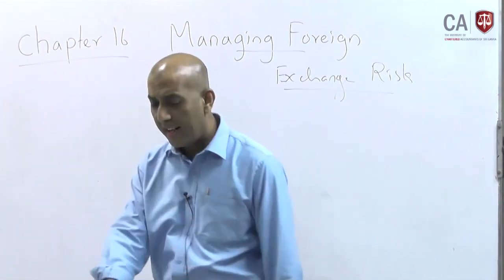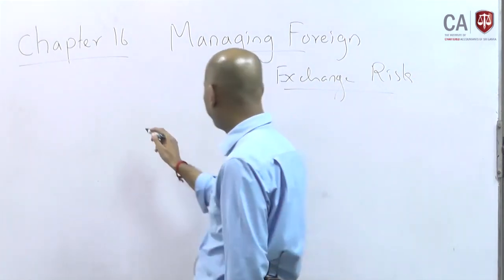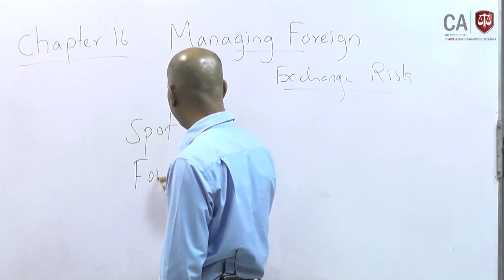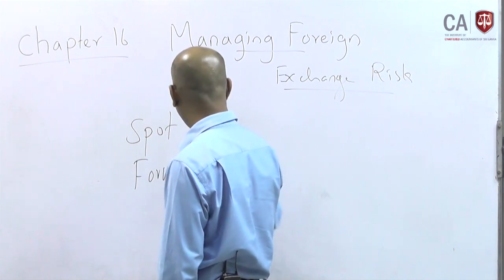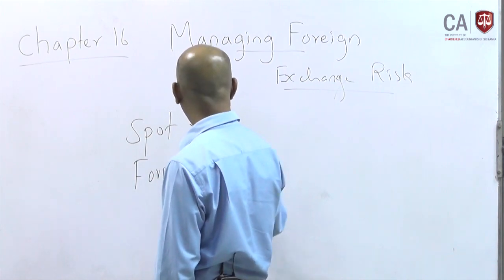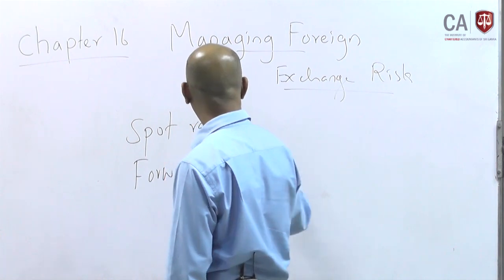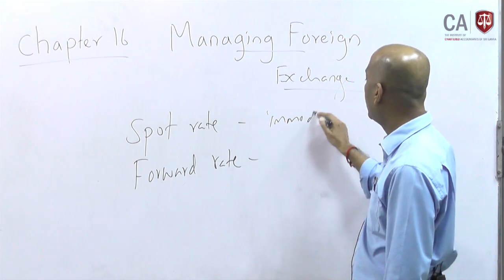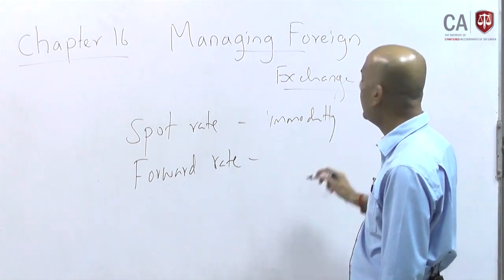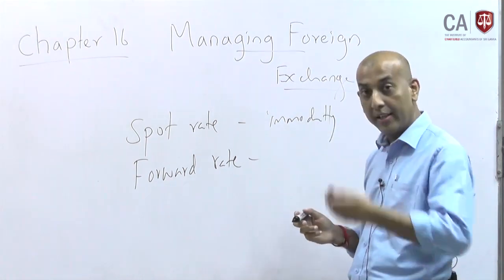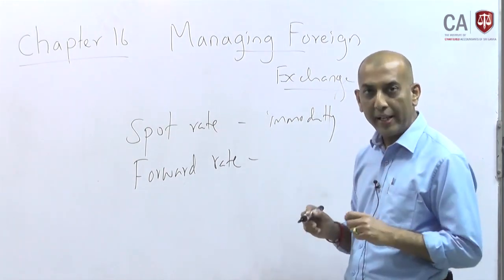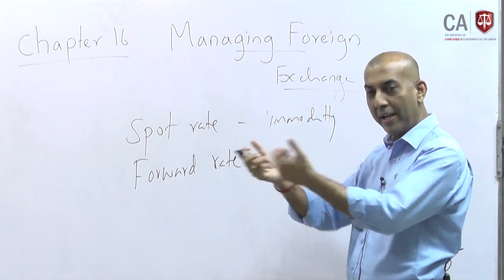When you have an exchange rate, you generally have two rates: spot rate and forward rate. Spot rate means the rate at which your transaction can be done immediately. If you are going to buy dollars, $100,000, you can pay X amount of rupees to buy the dollars, and you can buy them today.